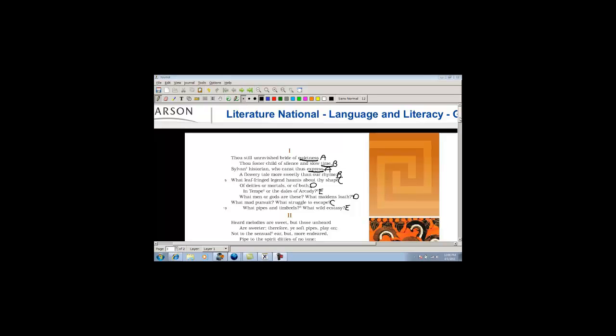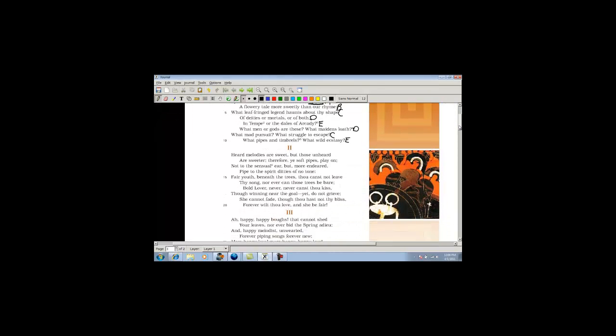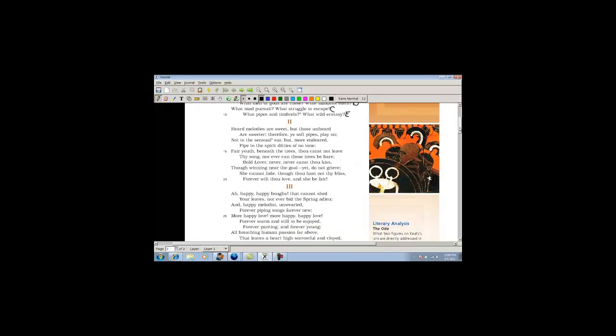As I mentioned before, in a Keats ode, the sestet does not always follow the same rhyme scheme. So let's take a look at stanza 2. Again, let's find the rhyme scheme for the quatrain.